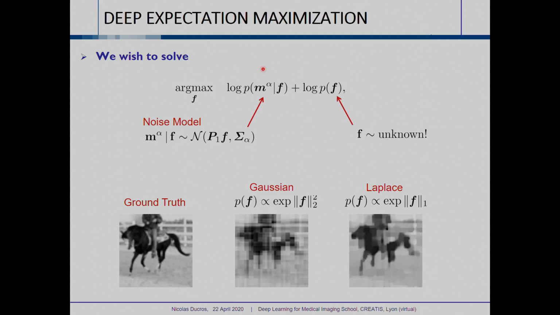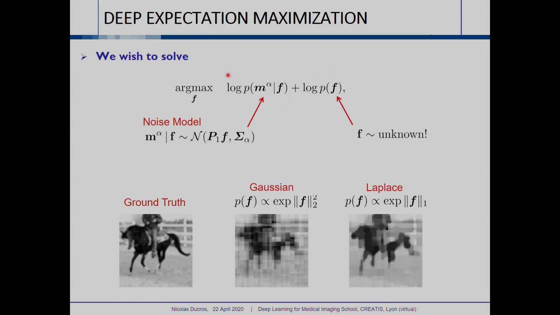So this is, let's say, the probability of getting M when the underlying image is F, plus this term that depends only on the probability density function of F.